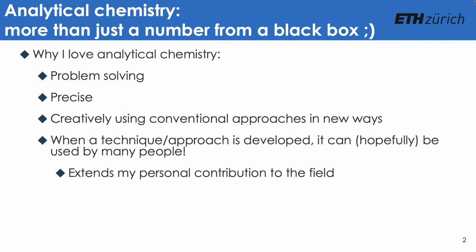The reason why I like developing these different analytical tools to measure different types of particles like nanoplastics, microplastics, and engineered nanomaterials is because it involves a lot of problem solving to figure out the best way to develop this method, and to have a precise method to measure the characteristics of the materials that we want with good precision.